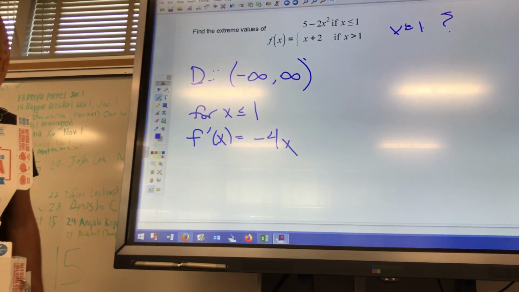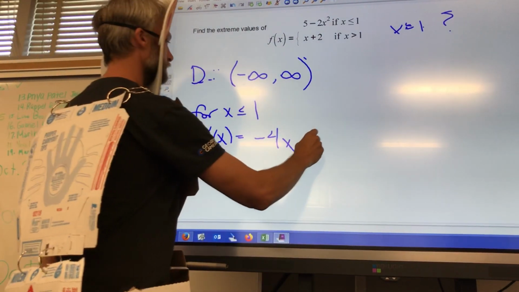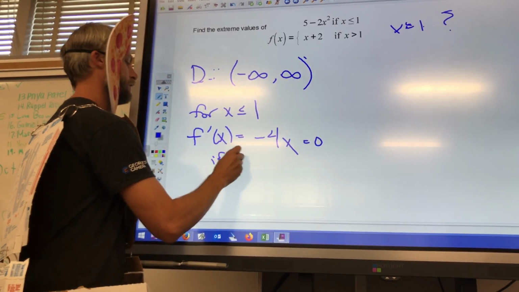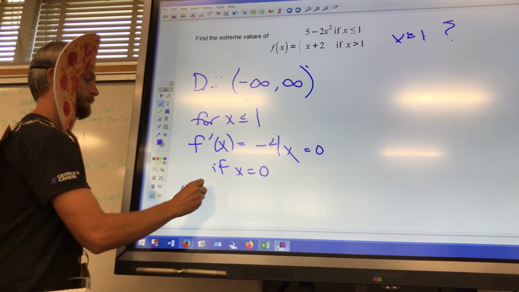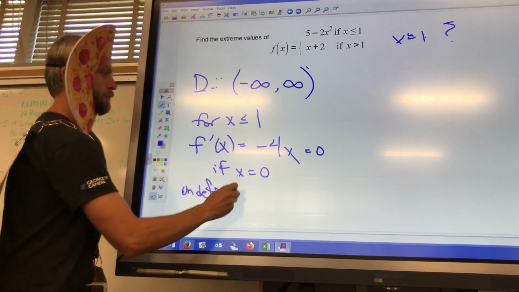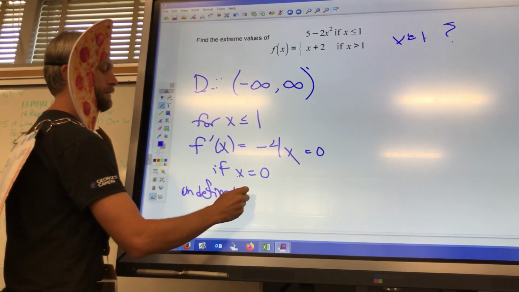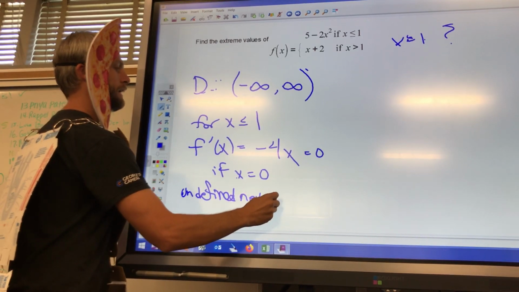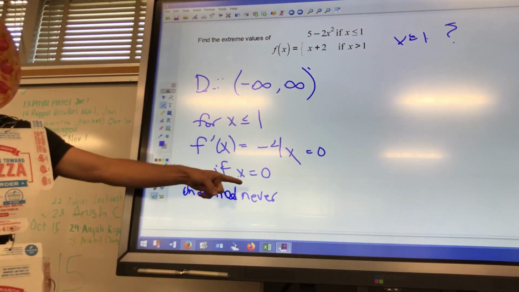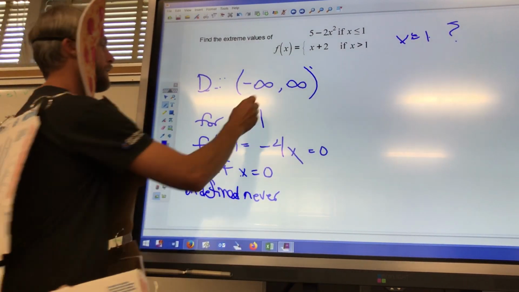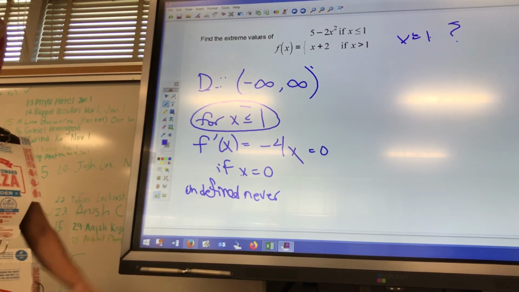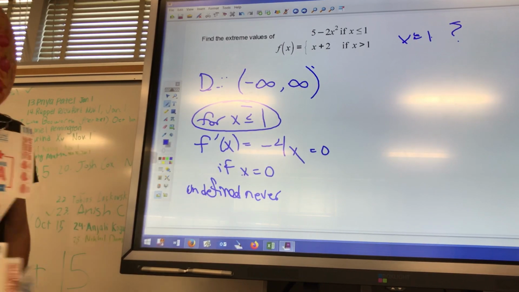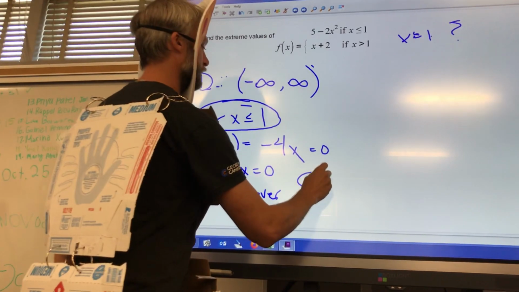So when does that equal 0? It equals 0 if x equals 0. And when is negative 4x undefined? Never. Okay. So does this critical value of x equals 0 fall within this piece of our domain? Yeah. 0 is less than or equal to 1, right? So this is one critical value that we definitely have.